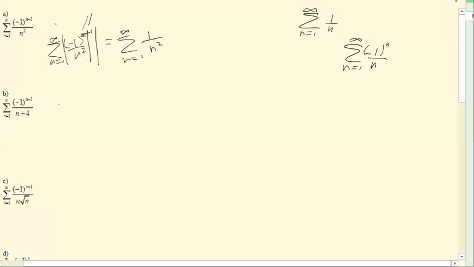So now let's talk about this next one down here. This one, we would say absolutely convergent. This one down here, let's look at the series of positive terms. I'm just going to rewrite this because it's a little unclear.